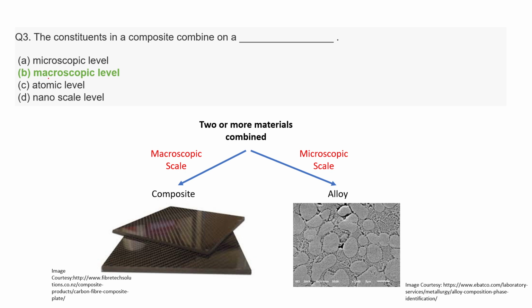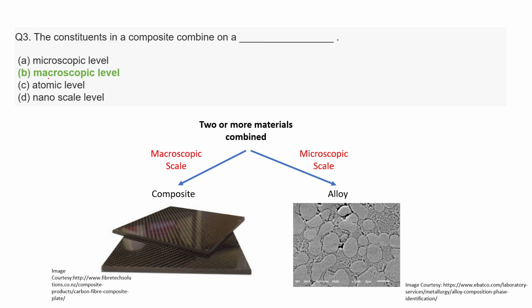But if you have an alloy ring, you can't tell which metal atoms or molecules are present just by looking at it. You have to go to the microscopic level to see the different metal components present in that alloy. That's why we say alloys are mixed at a microscopic level, whereas composites are mixed at a macroscopic level.